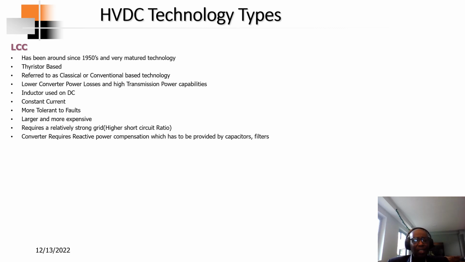Like I made mention, the current source converter requires reactive power compensation. As a matter of fact, the valves alone require about 60% of the power that is being exported, and also capacitors and filters have to be installed.